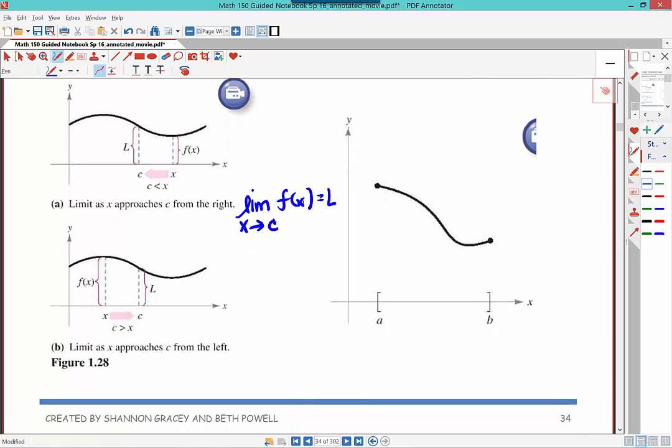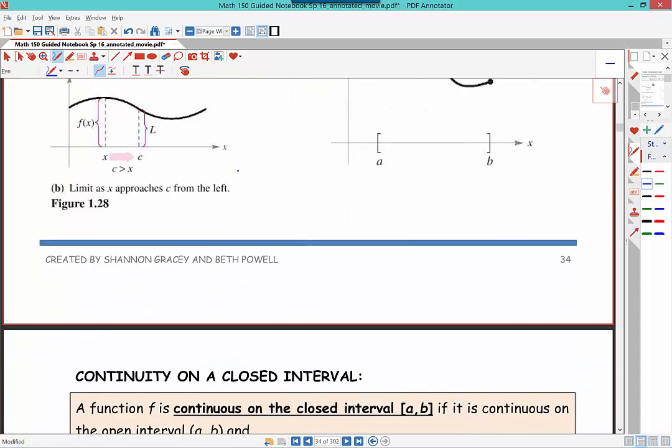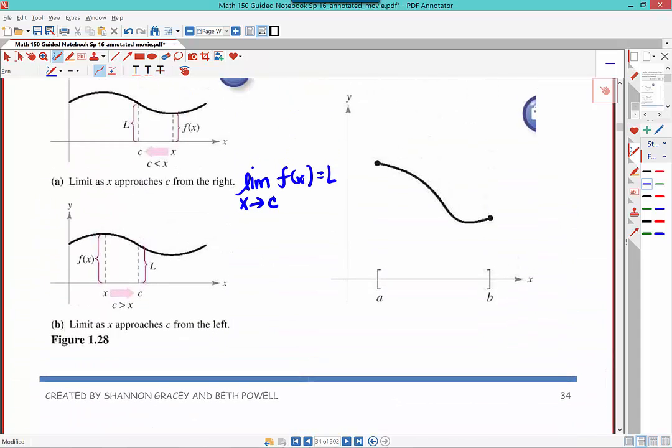Okay, now on a closed interval, let's look up on the right side. What's happening if we examine this one-sided limit?